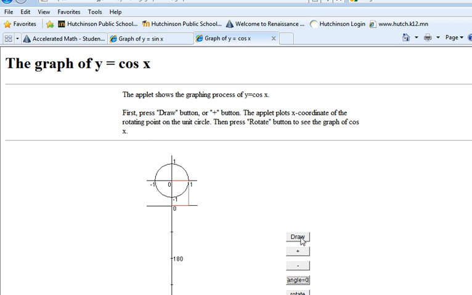So here we go. Your cosine value, notice when you start right there, is 1. It is 1 to the right when you begin your unit circle. Now as you begin moving around the unit circle, your cosine value is getting smaller and smaller and smaller. Right here at the end of the first quadrant, your cosine value is 0.